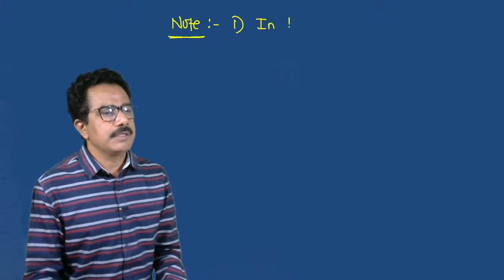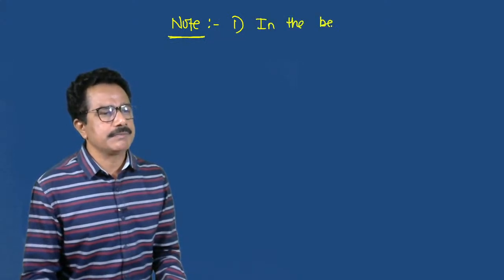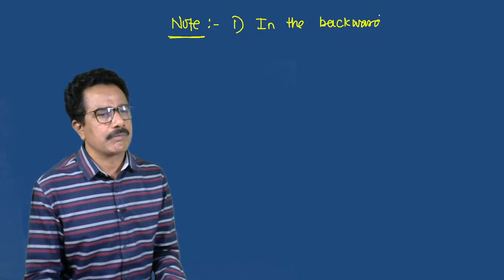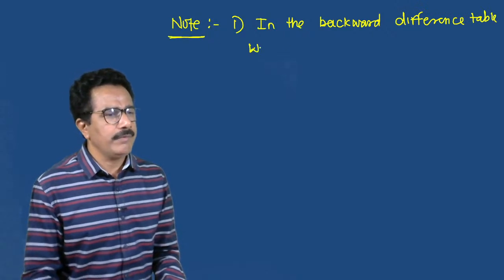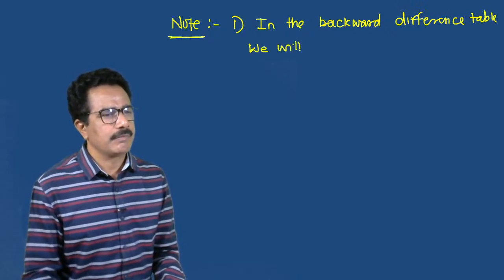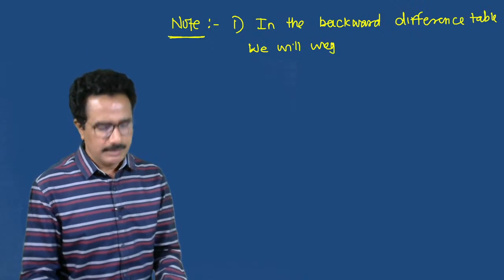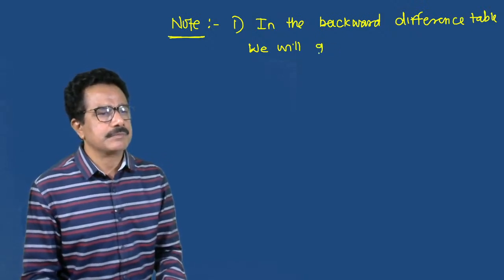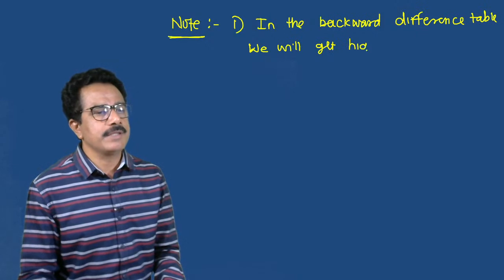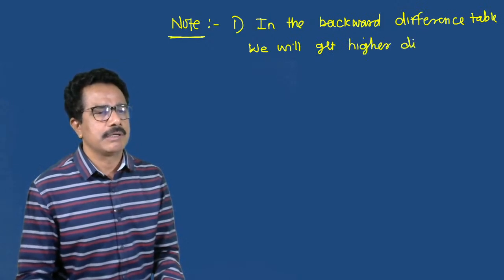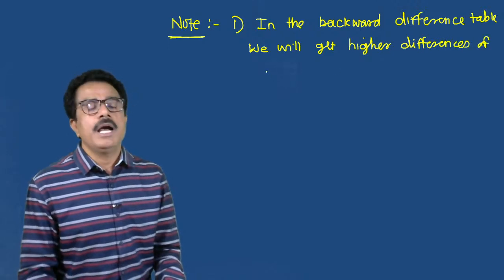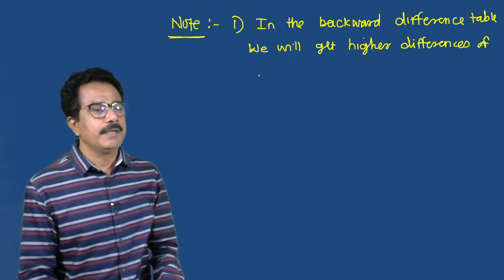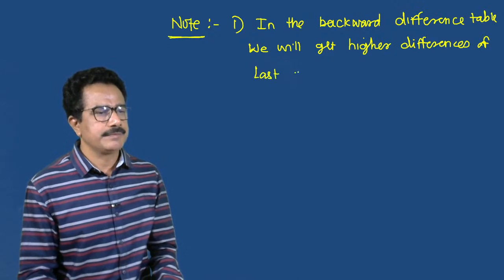In the backward difference table, we will get higher differences of the last entry.